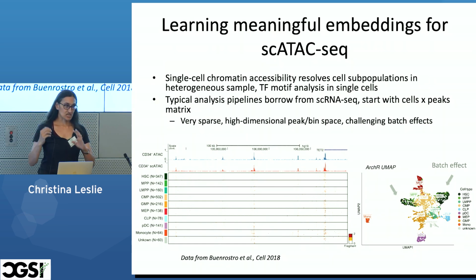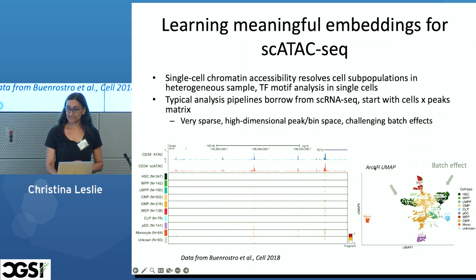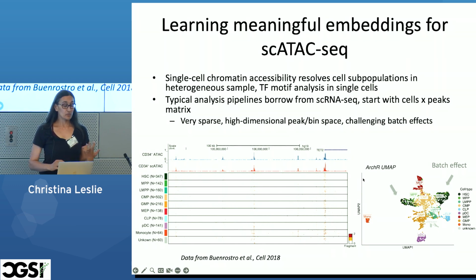You do dimensionality reduction, nearest neighbor graph, graph-based clustering, and visualization by embedding. And that's what's happening for this data, which is from Buenrostro et al.